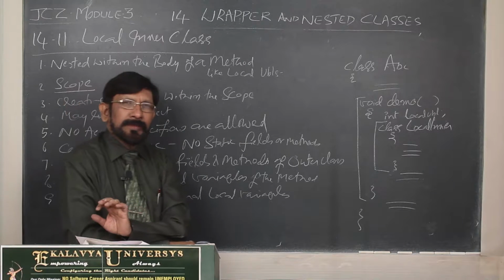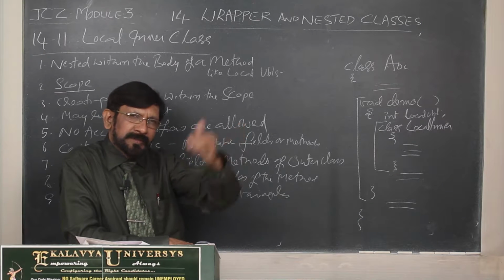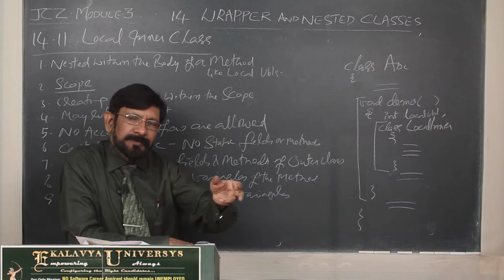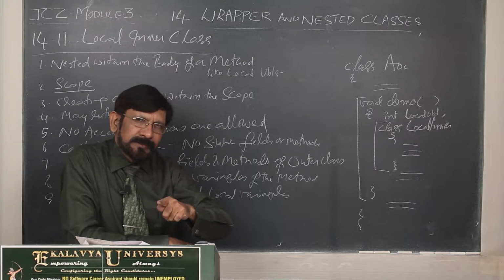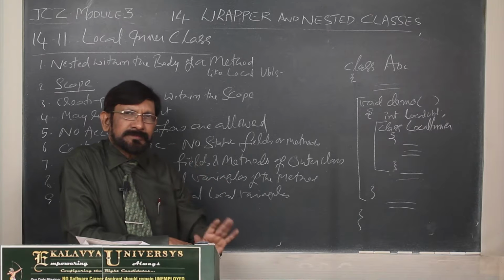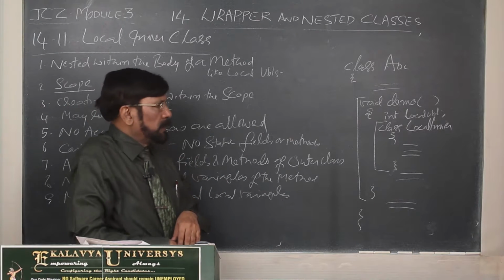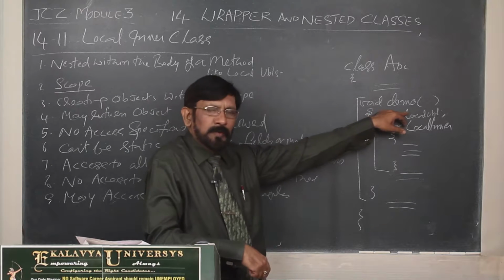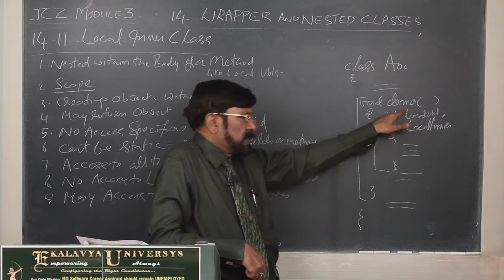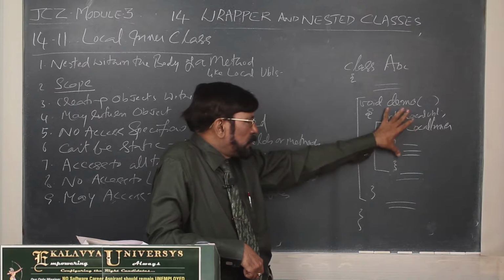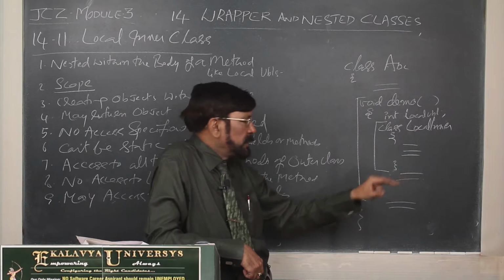Actually, you know that the scope of a method, whenever a method is called, it gets life, it is born. Whenever it returns, the method dies. So, the same principle is applicable here, and here demo method is there. Whenever the method is called, the code in it is activated, then the class gets the birth.